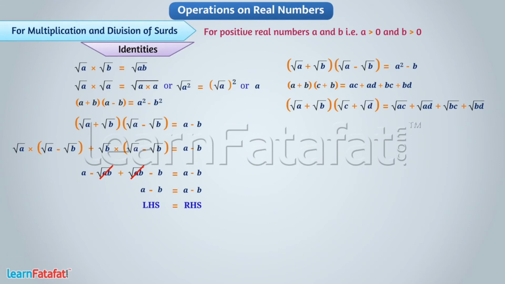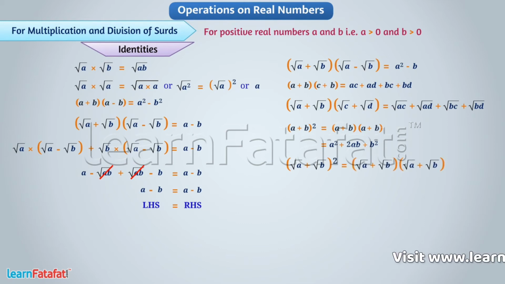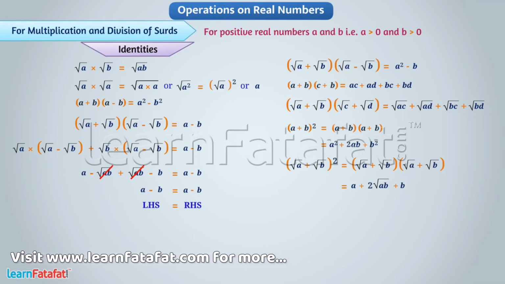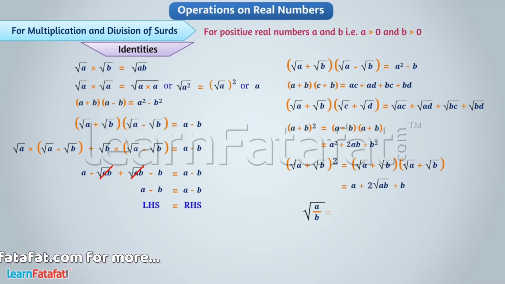Also as a plus b whole square is equals to a plus b into a plus b is equals to a square plus 2ab plus b square. So, root a plus root b whole square is equals to root a plus root b into root a plus root b, which is equals to a plus 2 root ab plus b. Next, under root a by b is equals to root a upon root b.